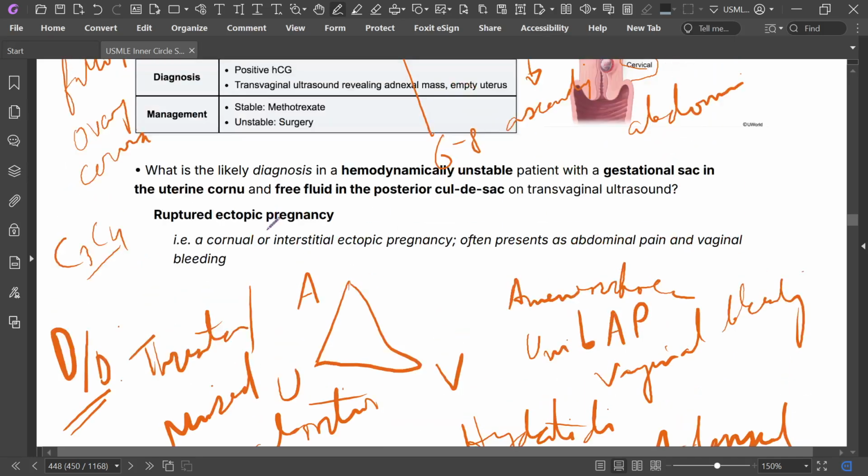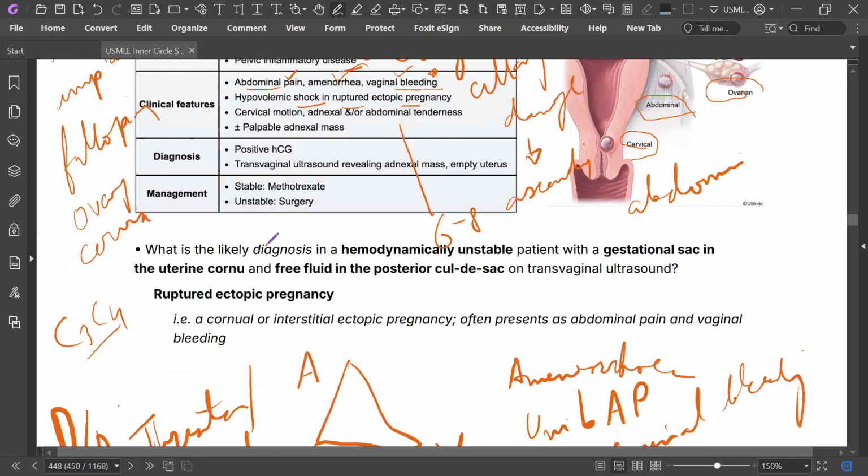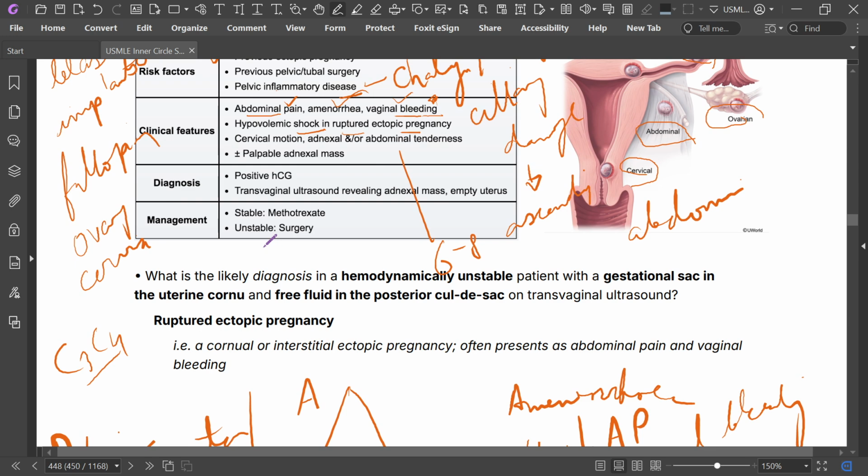Now, how can we diagnose this patient? Diagnosis is a positive beta-hCG and transvaginal ultrasound revealing an adnexal mass and an empty uterus. For patients with vaginal bleeding and a positive beta-hCG, a transvaginal ultrasound should be performed.